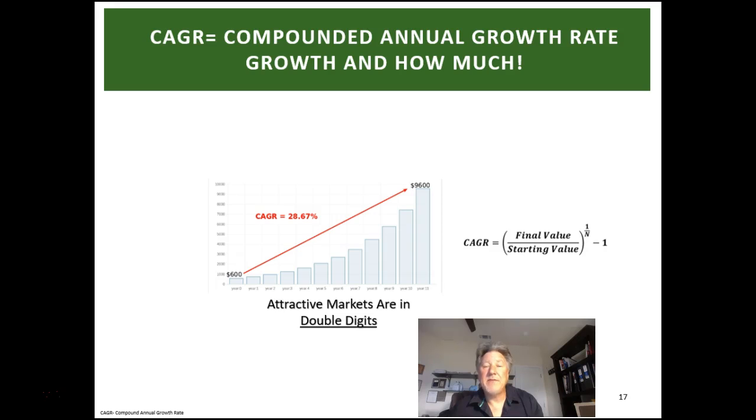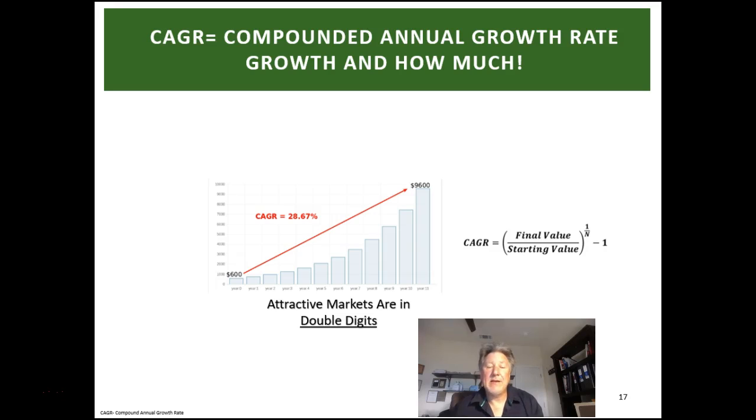at least 3 to 5 years, and you get the starting value, which you put on the bottom here, and then you divide it into the final value, which is on the top. You then raise it to 1 over n, where n is the number of periods.